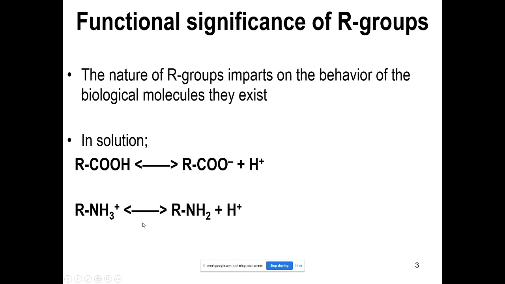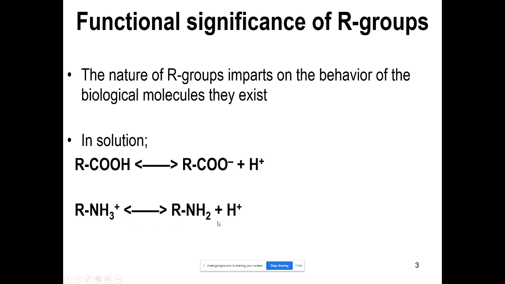I'm going to get back to you. Let me first explain this. Another example I gave you here is the amine group. Amine is this NH2. Amine groups in solution always accept protons from solution. And when you have R-NH2 added to a hydrogen ion, you form this ammonium ion. This ammonium ion is what is basic in nature.